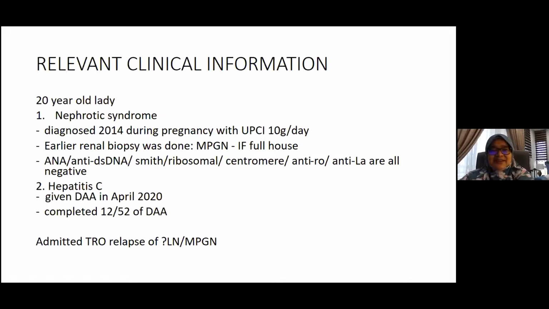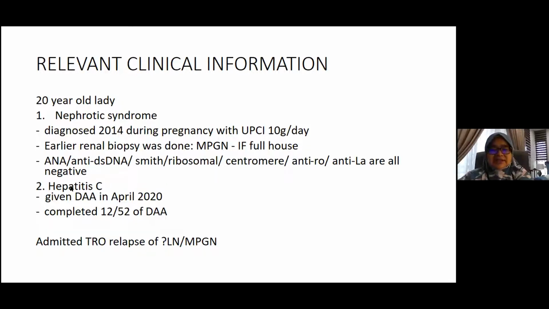So case 4, this case is a 20-year-old young lady. She had nephrotic syndrome with 10 grams per day of proteinuria. An earlier biopsy showed MPGN with a full house IF. Otherwise, the ANA, anti-double stranded DNA, anti-Smith, ribosomal, all the ENAs are negative.